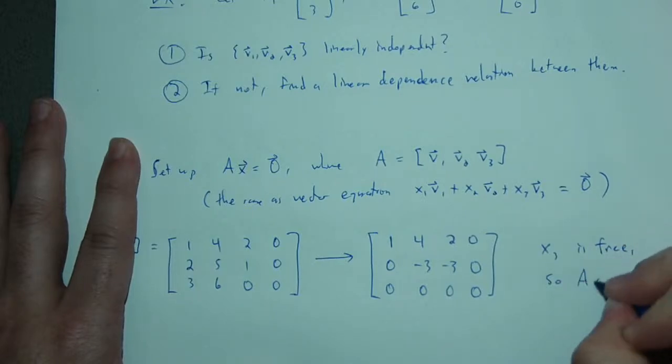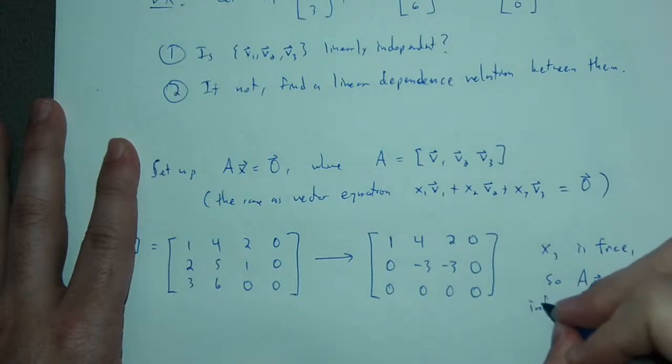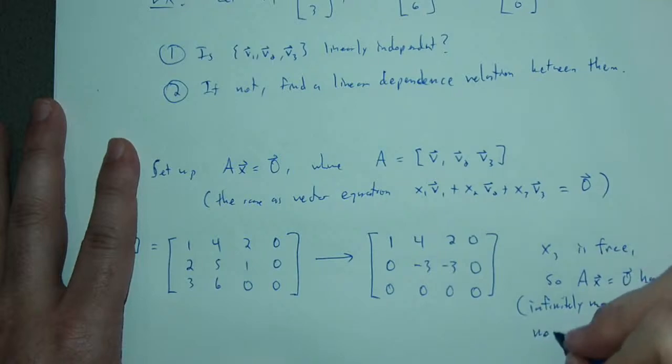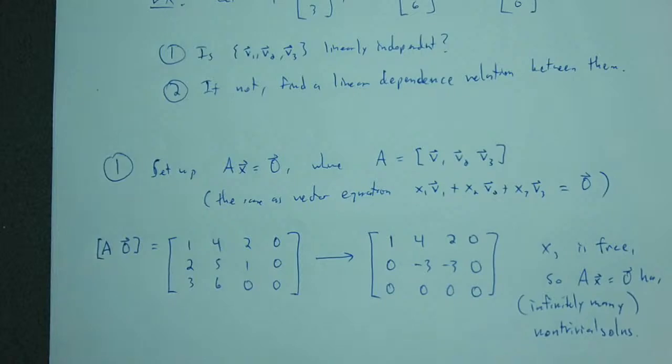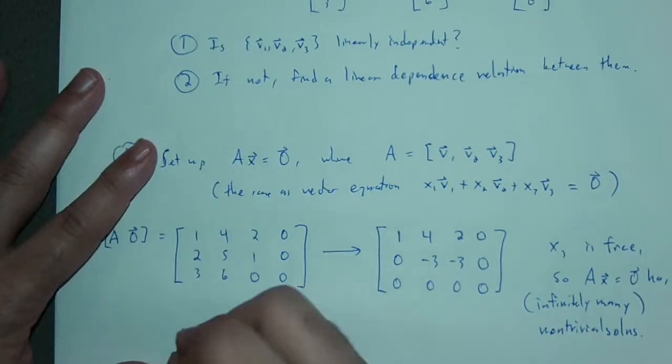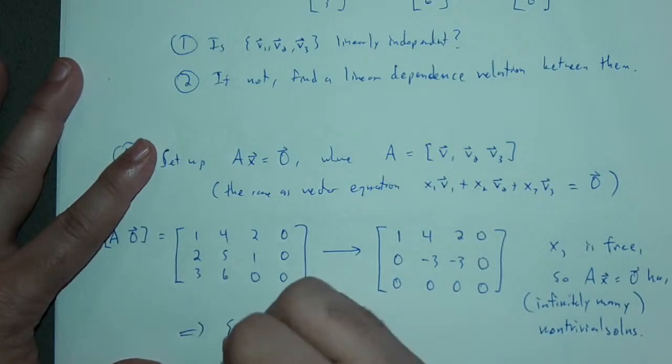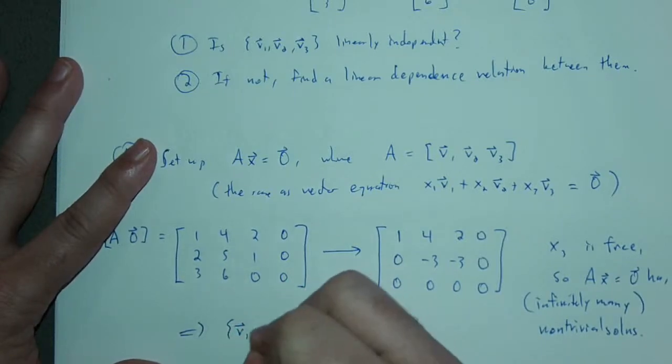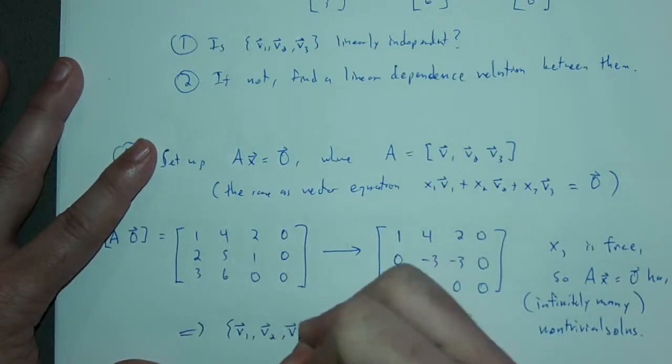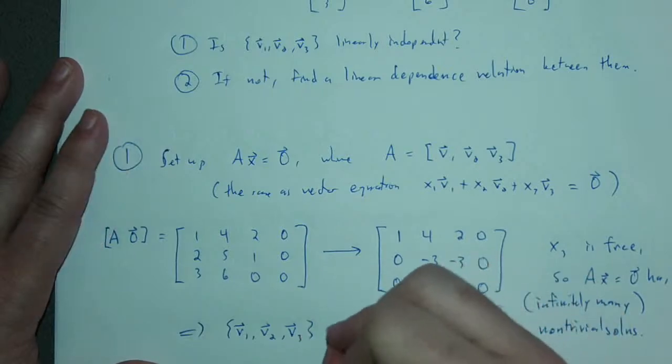So AX equals 0 has infinitely many non-trivial solutions, and so this set of vectors is not linearly independent.